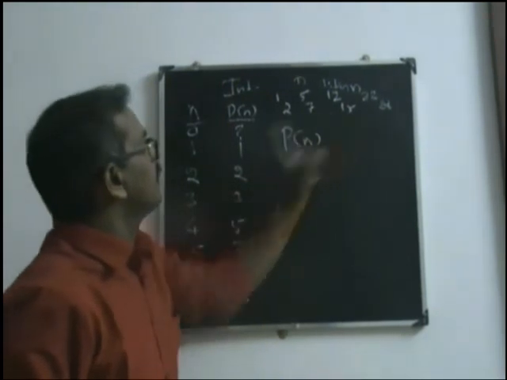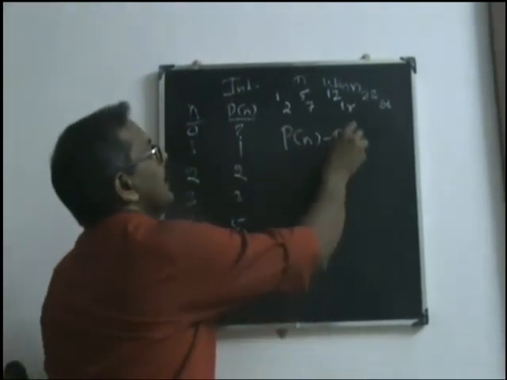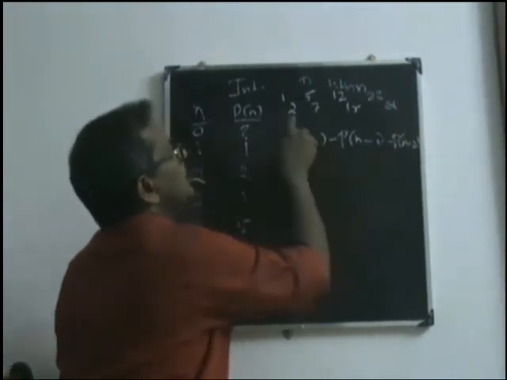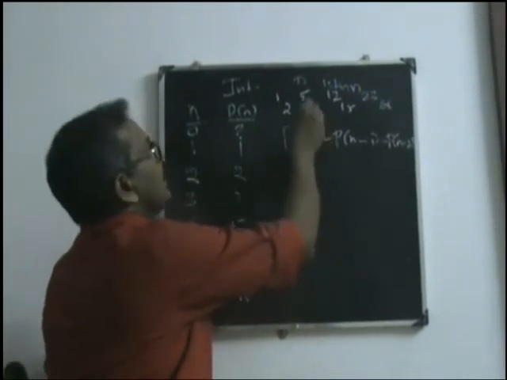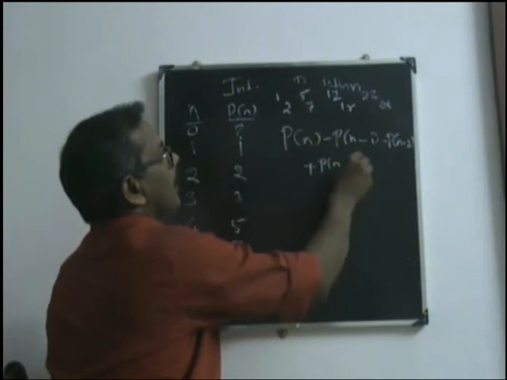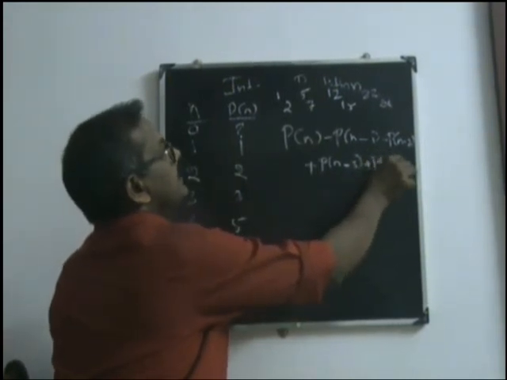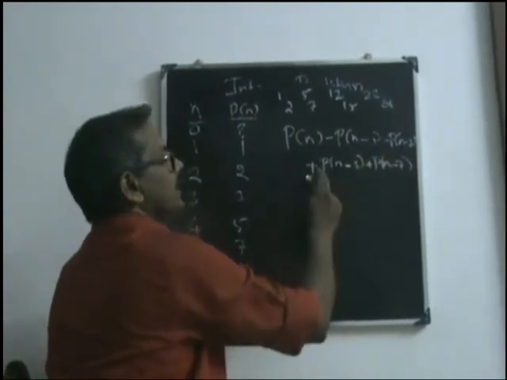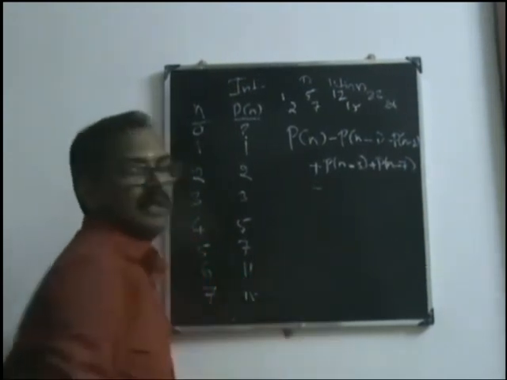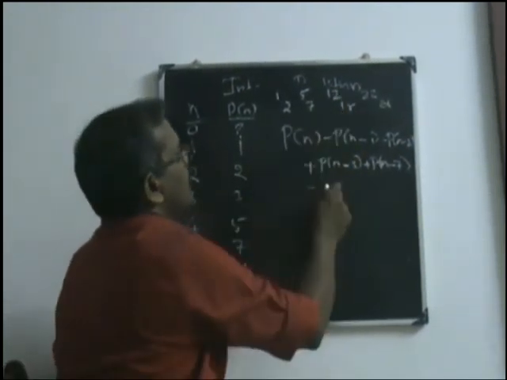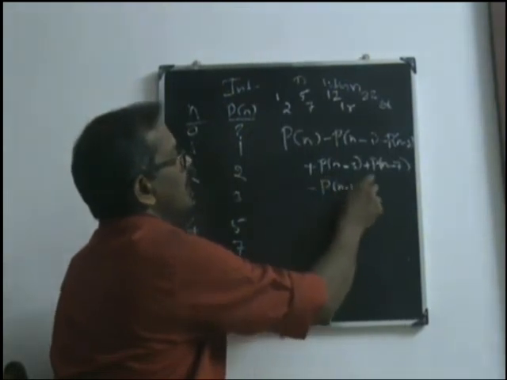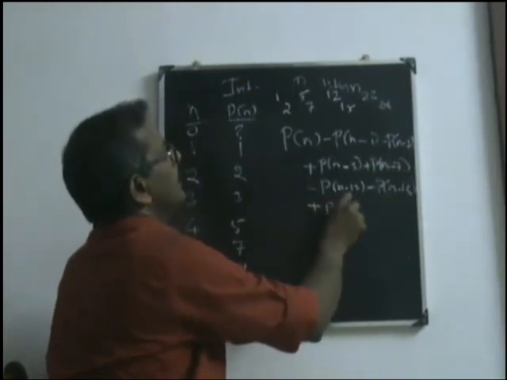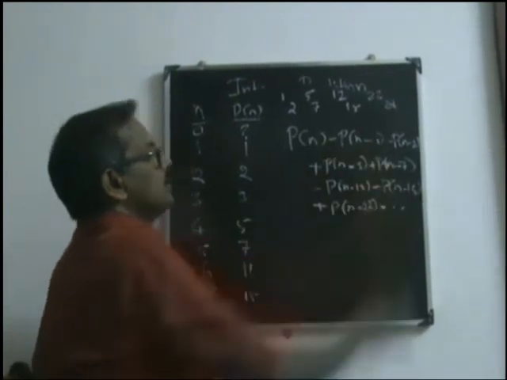Now P(n) minus P(n-1), then minus P(n-2), then plus P(n-5), plus P(n-7), then minus, that is, these two numbers have a negative sign, these two have a plus sign, next minus, next plus, and it goes on like that. The next pentagonal number is 12, so P(n-12), then P(n-15), then plus P(n-22), and so on. So this is the formula.